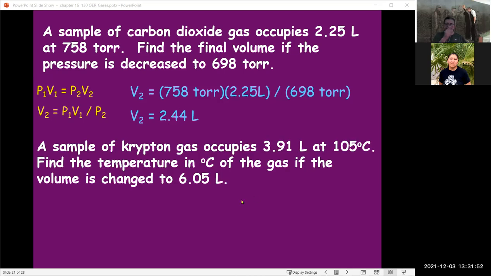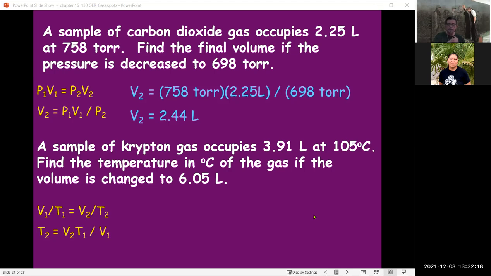All right, a sample of krypton gas occupies 3.91 liters at 105 degrees Celsius. Find the final temperature in Celsius of the gas if the volume is changed to 6.05 liters. Here pressure is being held constant.